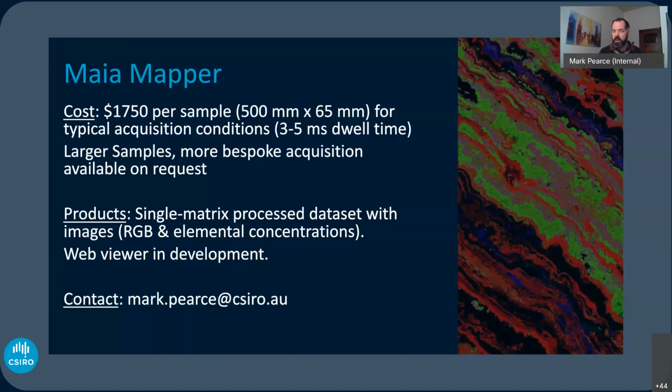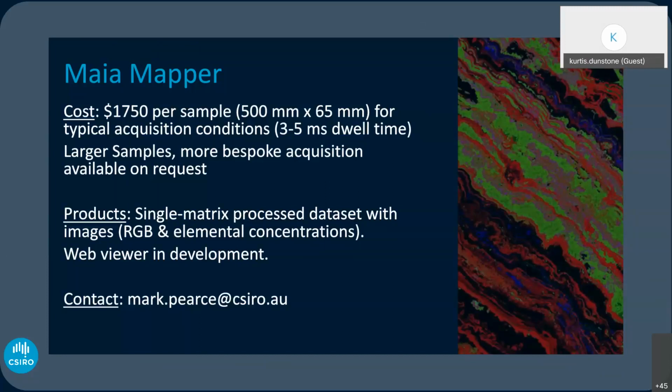We can produce a single matrix data set because we have to state the mineral matrix that we need in order to process the data. We can output red, green, blue, and elemental concentration images relatively easily, and we have a web viewer in development for this technique. If you want any more details, my address is at the bottom there.